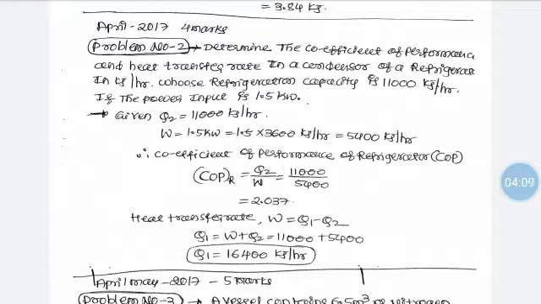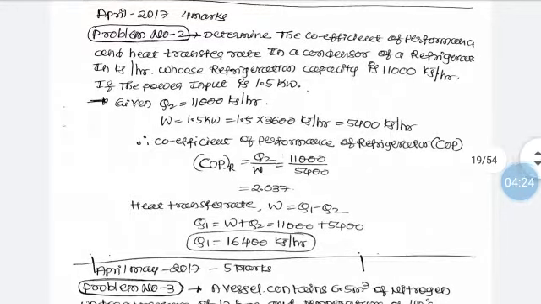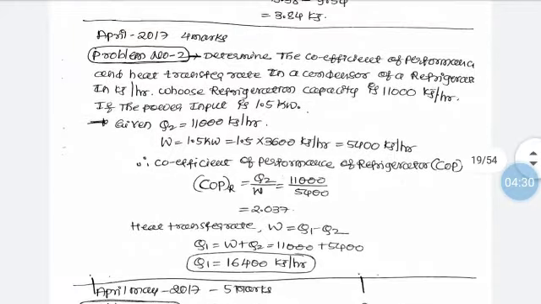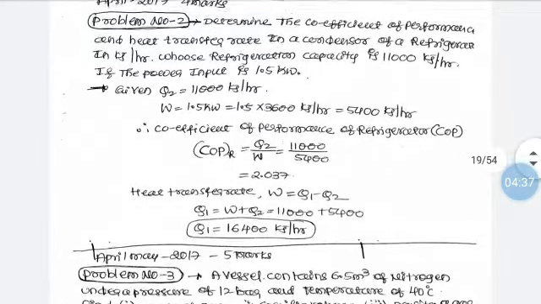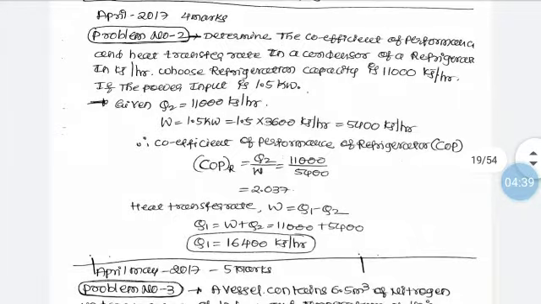Here we can use the second law of thermodynamics. It is given that the heat transfer rate Q2 is 11,000 kilojoule per hour. The work, that is the power input, is 1.5 kilowatt, which we have to convert into kilojoule per hour.